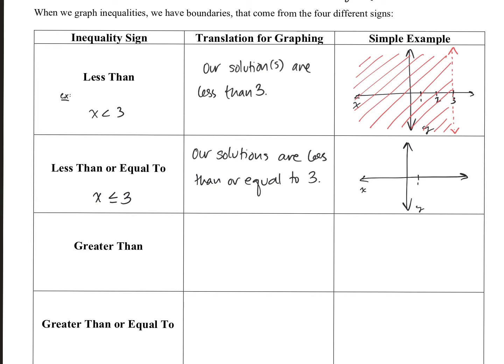And we have 1, 2, 3. So we're allowed to include 3 in our answer now because it can be equal to 3. So because of that, we're going to use a solid line to represent 3. So here's my solid line incoming. Awesome. And once again, our solutions are all the things that are smaller than 3, so I'll go ahead and shade this side because these are all the values that are smaller than 3.